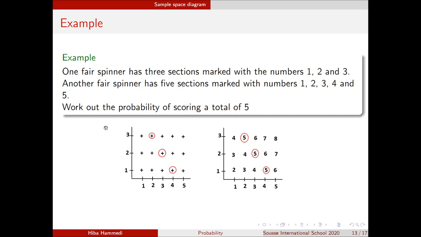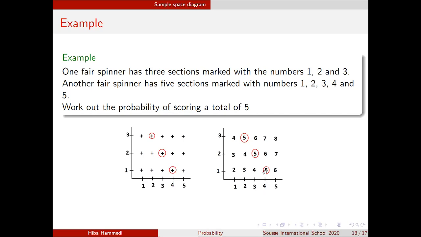Okay, so to get 5, if I have 3 from the first spinner, I need 2 to get 5. So this is the first possible way to get 5. If I have 2 from the first spinner, I need 3 from the second spinner to get 5. If I have 1 from the first spinner, I need to get 4 from the second spinner. So this is the outcome that I'm looking for.